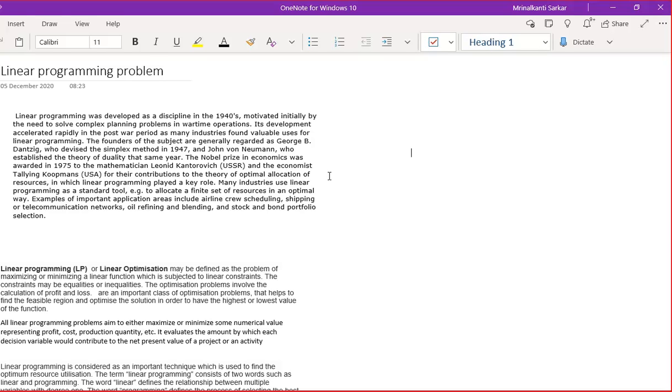It was invented and developed by a great mathematician from the USSR. His name is Kantorovich.